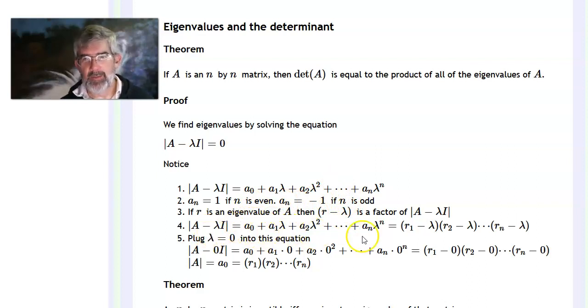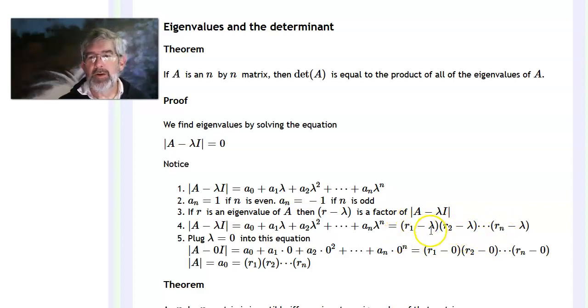The determinant we already said was equal to this polynomial, but the fundamental theorem of algebra implies that every polynomial can be factored into linear factors. Now, it's possible that in order to do that, you needed to use complex numbers for these coefficients.